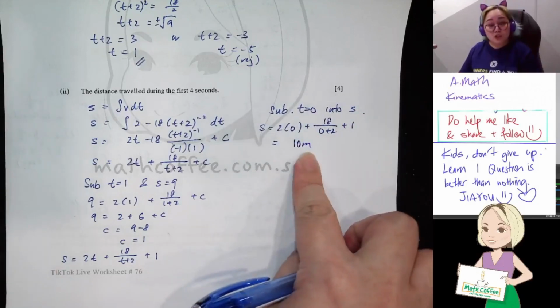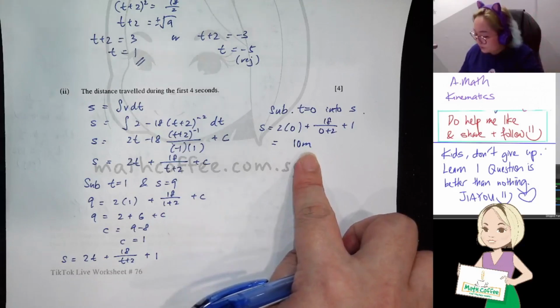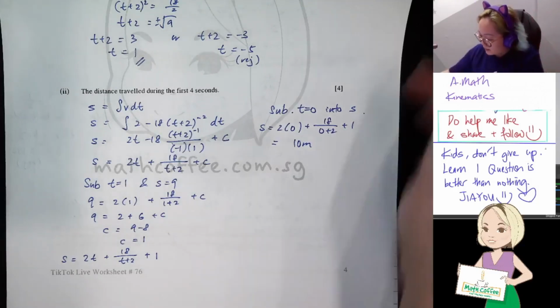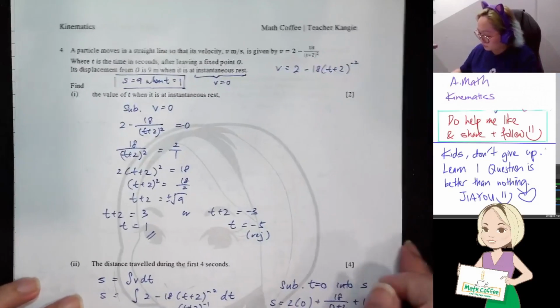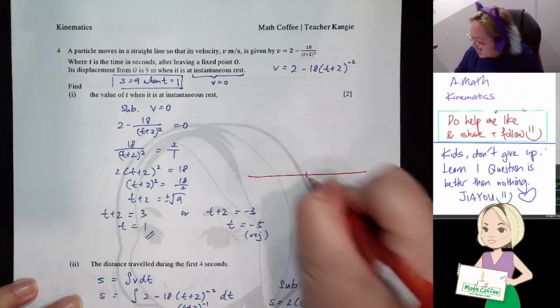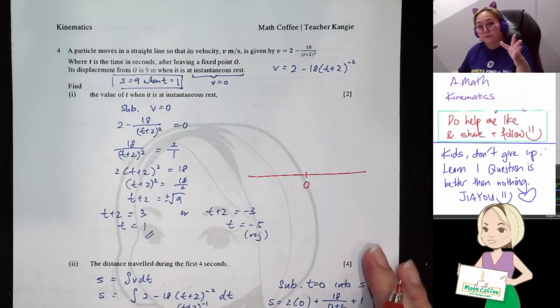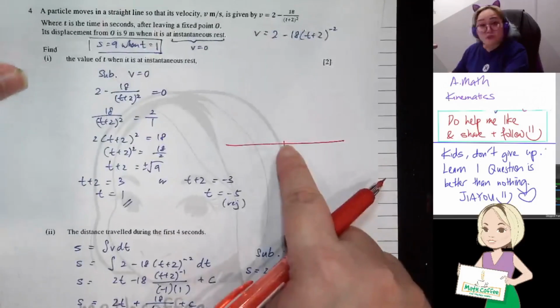So in this situation, my particle did not start from the origin. So my diagram will look like this. I'm going to draw it above here. See, this is your reference point. When t equals 0, my s is 10. It's not negative.